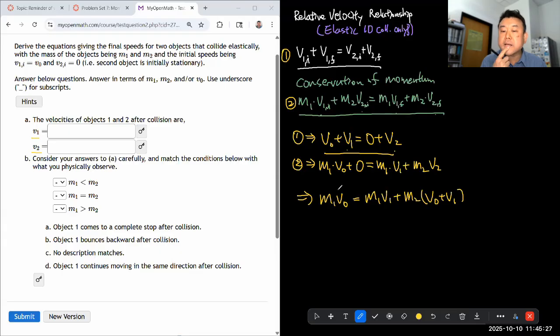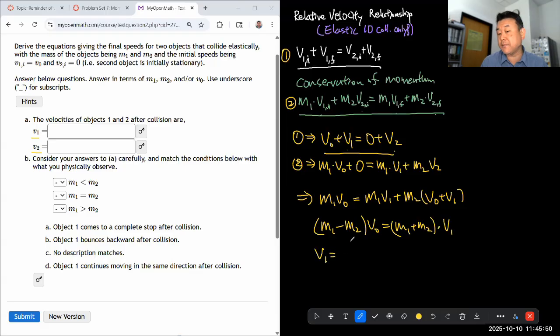Is that right? I guess that's probably right. V0 on the other side. So it's M1 minus M2. I'm combining them and then factoring out V0 is equal to, on the right hand side I have M1 plus M2 times V1. I think that's right.